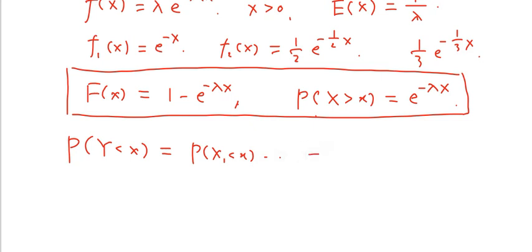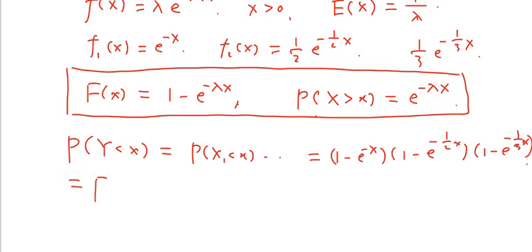So X1 less than x is 1 minus e^(-x), times 1 minus e^(-x/2), and 1 minus e^(-x/3). This is the cumulative function for Y, the maximum.